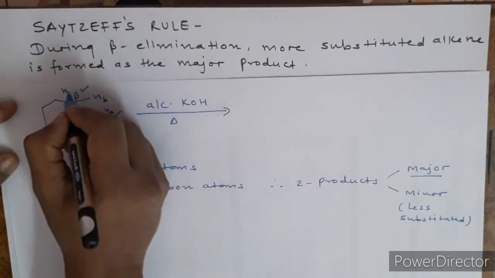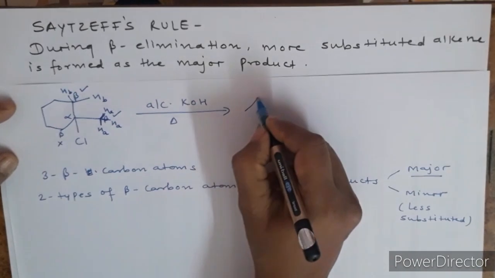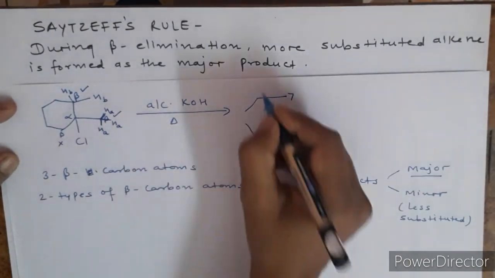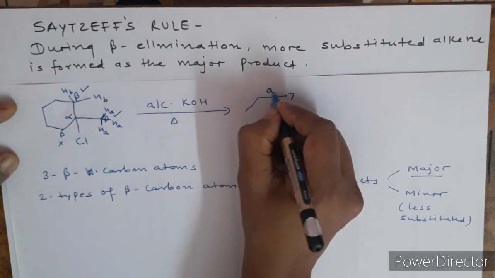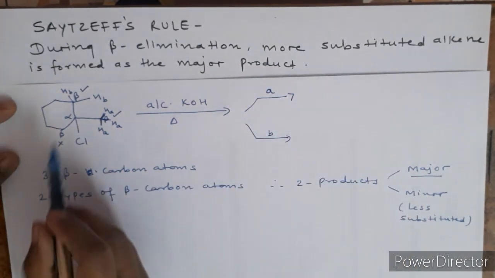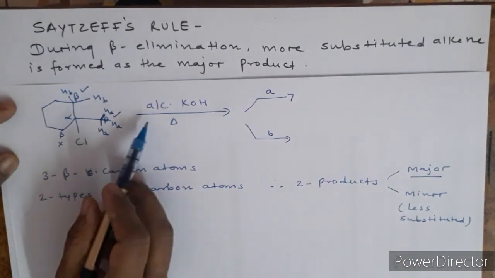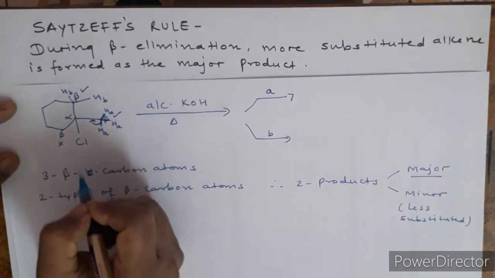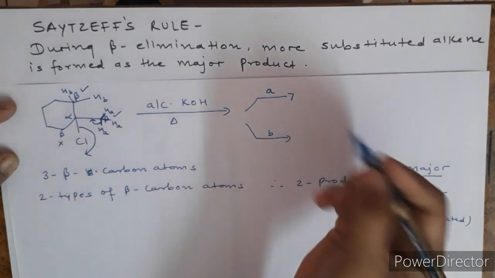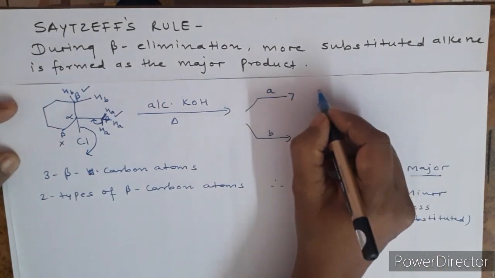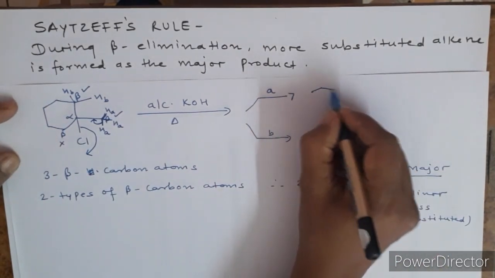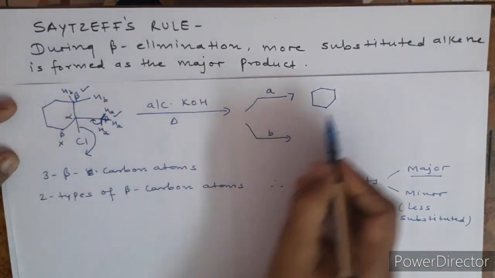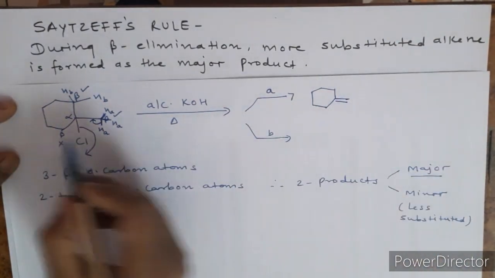So this is my B. So A and B are the two different types of beta hydrogen atoms, and hence there are two probabilities of getting the answers. Probability A and B. Now let's take the A. If this hydrogen goes out without its electron pair, and the Cl minus goes out from the alpha carbon atom, the product would be, there's a double bond coming here.